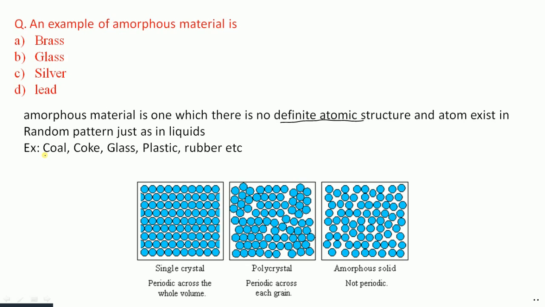Examples of amorphous material are coal, coke, glass, plastic, rubber, etc. You can see here in the diagram, single crystalline materials have periodicity across the whole volume, polycrystalline materials are periodic across each grain but not over the whole volume, whereas amorphous solids are not periodic. Therefore, glass is an amorphous material. Option B is the correct option.